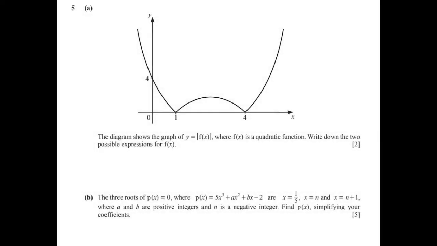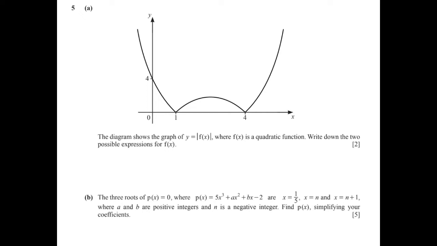Okay, number 5. We have a and b, they're totally unrelated. So a, we're told that this is a modulus function or absolute value of f of x, and f of x is a quadratic function.